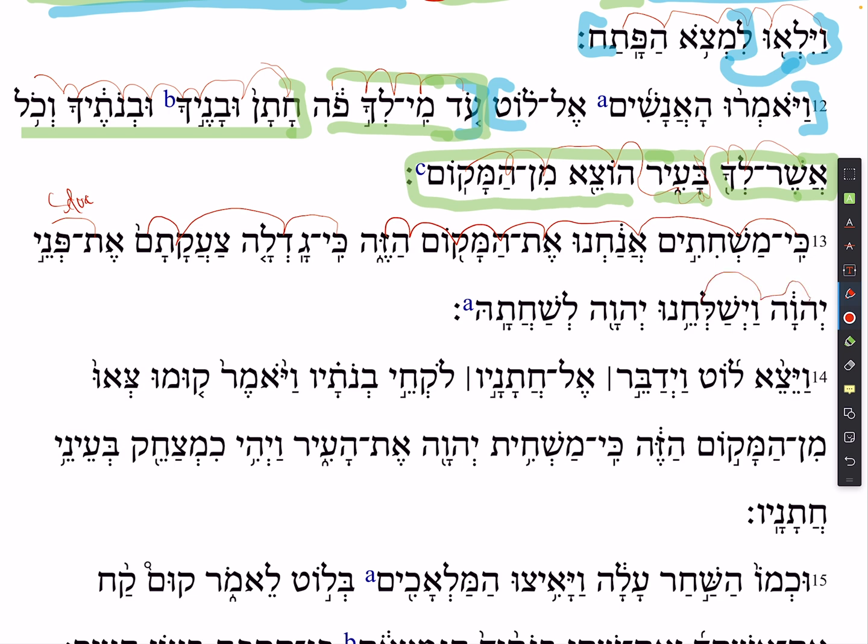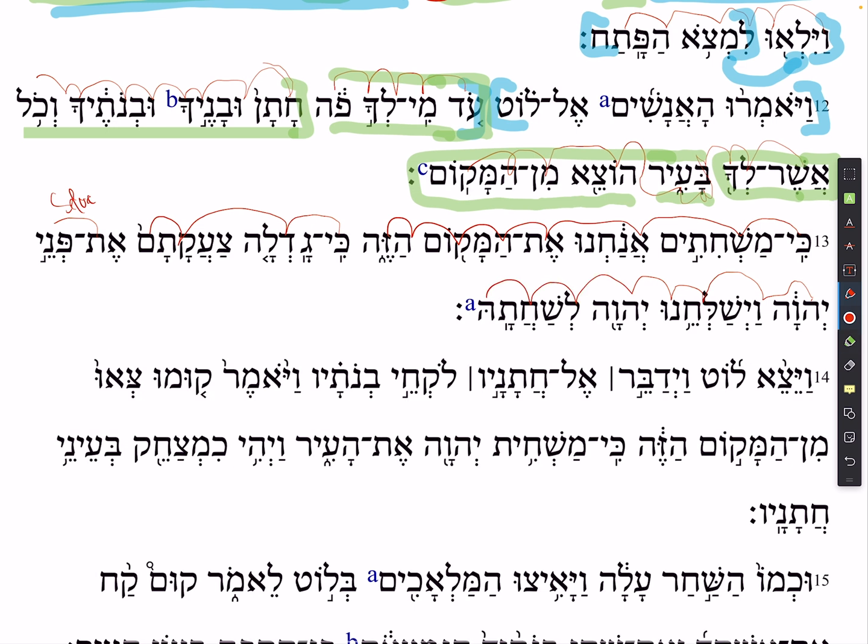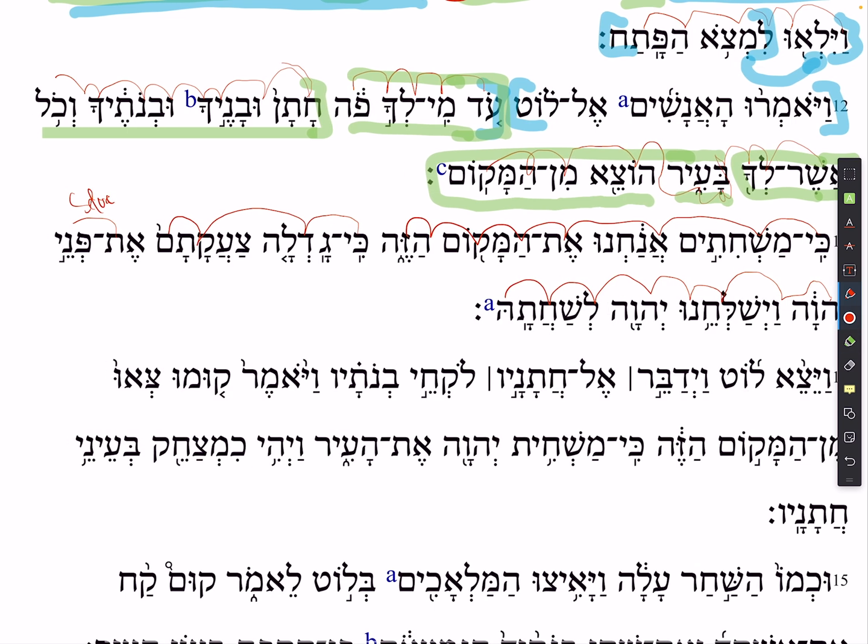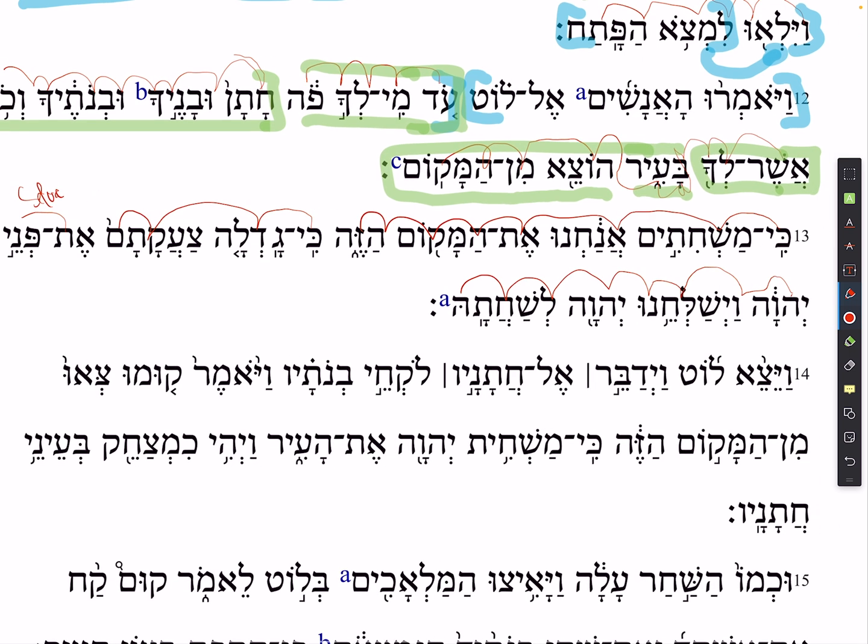And Yahweh sent us to destroy it. So let's have a look here at the details. Again, ki would mark your clause opener, because destroying are we this place. So we have a nominal clause with obviously here your mashchitim, the participle, plural functioning as a predicate complement.